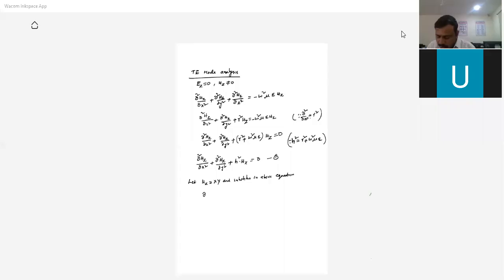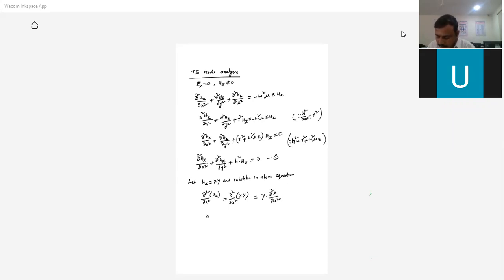So you can write del square Hz by del x square equal to del square by del x square of X into Y. In place of Hz you can write X into Y. So in terms of x, we can write Y into del square X by del x square.